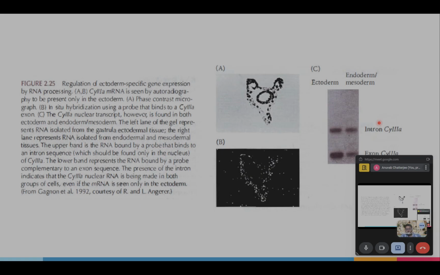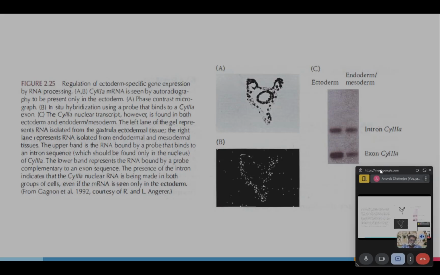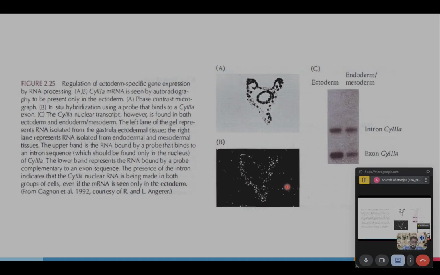Okay, then we look at this, and this is the example based on which the question has been asked. So this is a radio labeled RNA in situ hybridization, in which we can see two different tissues here, and these labels show wherever the mRNA for the Cy3A gene is present.